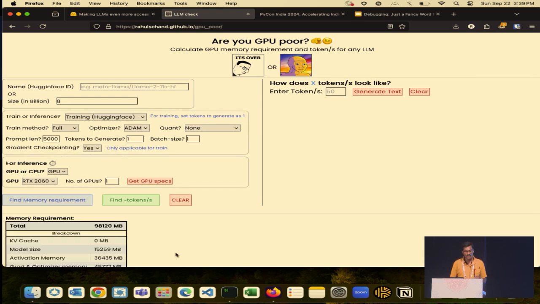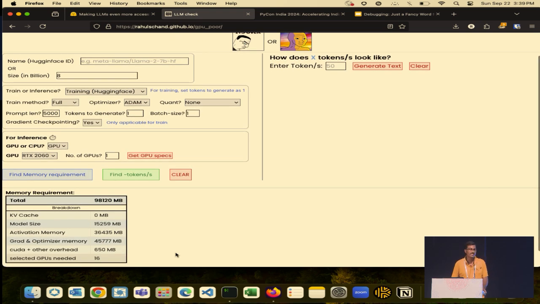The GPU memory requirement is almost 98 GB, and it's very hard to pair different GPUs to get 98 GB.